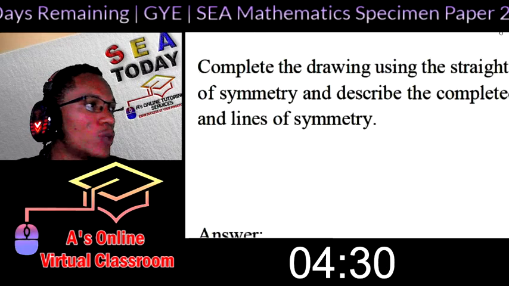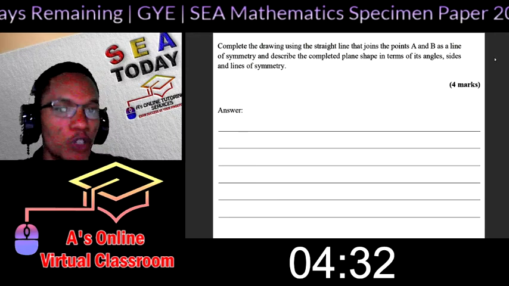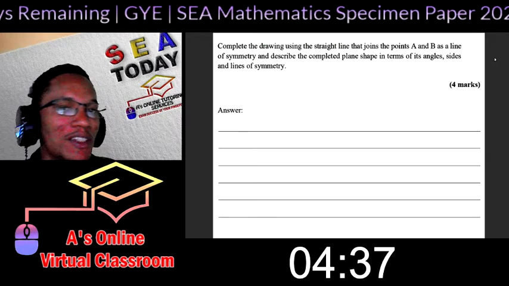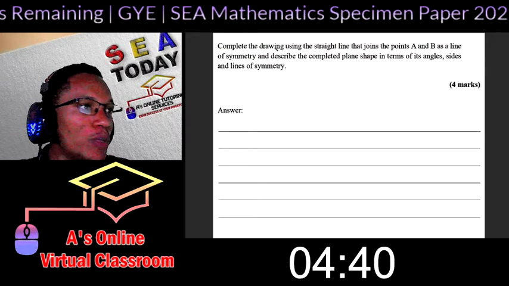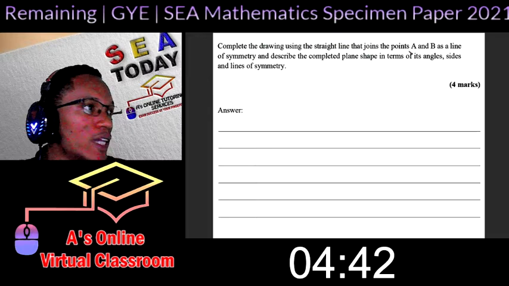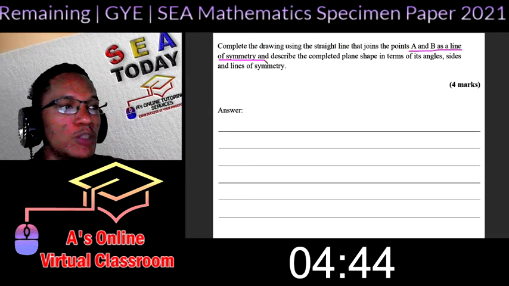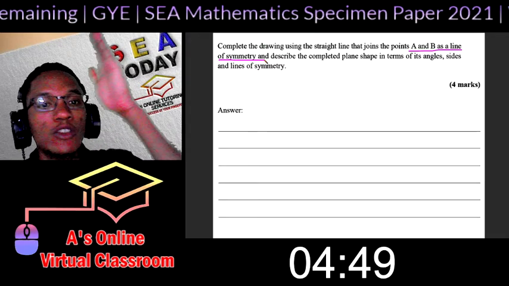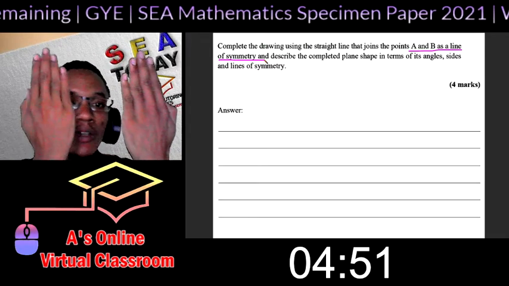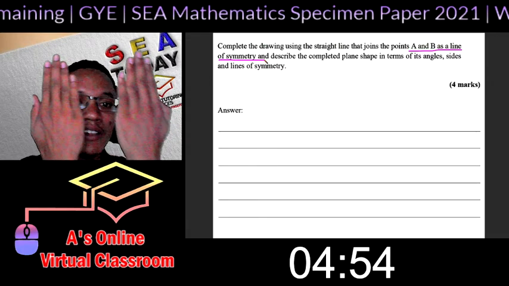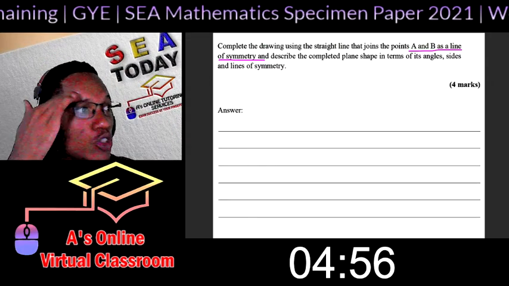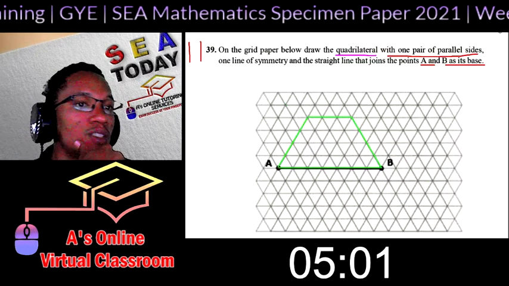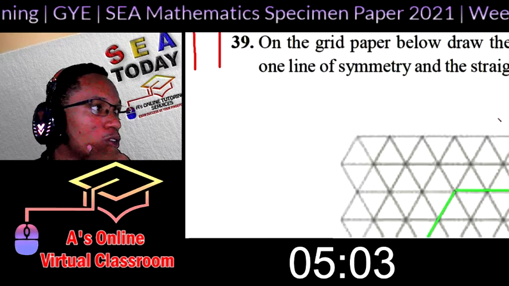So this part of the question now wants us to go back to the drawing and apply some other things to it. So let's see what they said. They said complete the drawing using A and B as a line of symmetry. So line of symmetry means what is on one side is mirrored or copied on the opposite side, right? So they want us to use our line AB as a line of symmetry. Let's see how close we could get to our shape.